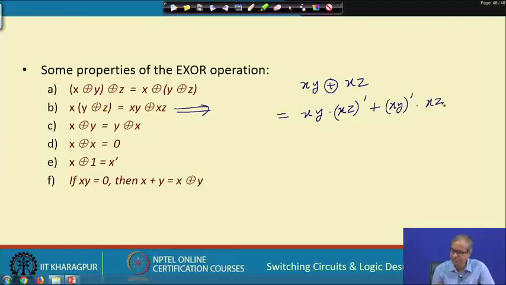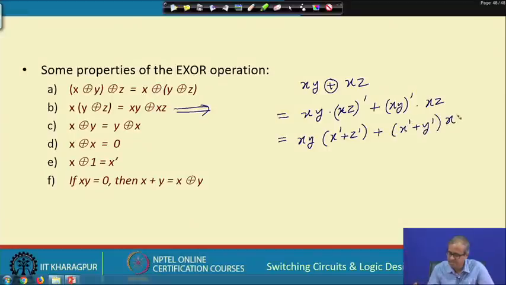If we apply De Morgan's law and multiply out, x y x bar will be 0, x x bar cuts out, x y z bar, and x bar and x z cuts out, x y bar x z.